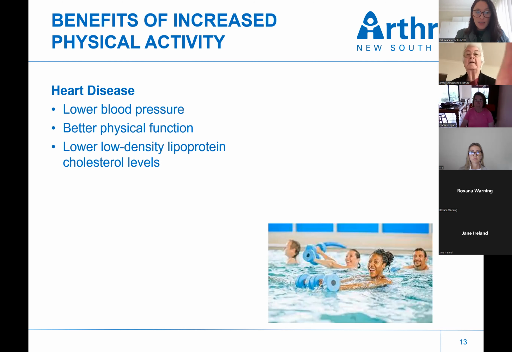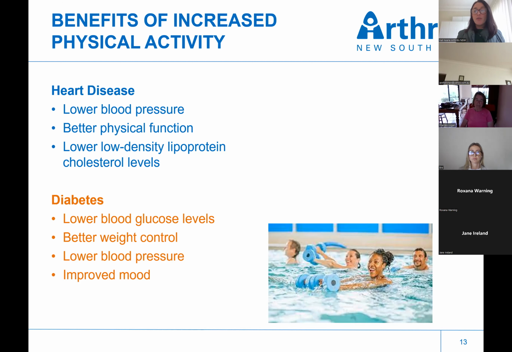So for heart disease, and with osteoarthritis or arthritis, the benefits of physical activity: this helps to lower blood pressure, general better physical function, so general movement, range of motion, and it can help lower low density lipoprotein cholesterol levels, which is really important because the LDLs are the ones that are going to block those coronary arteries, for example, or other arteries in the body.